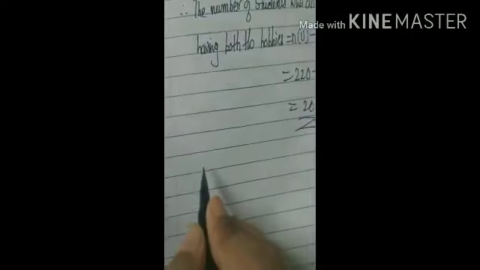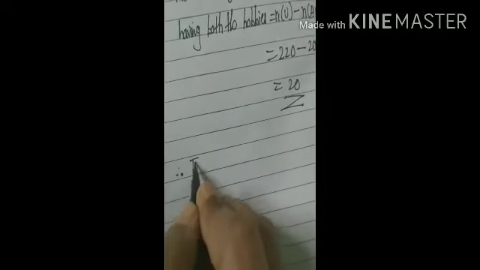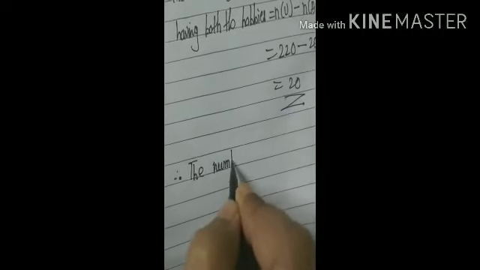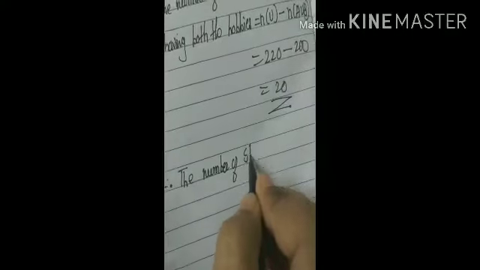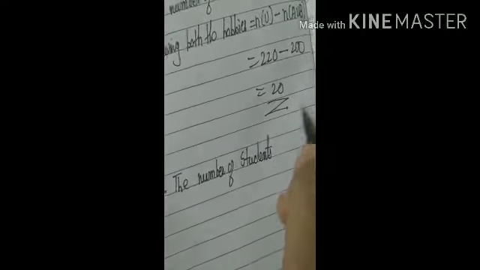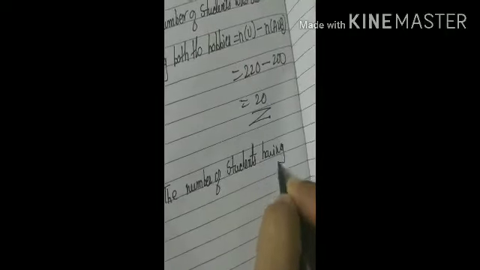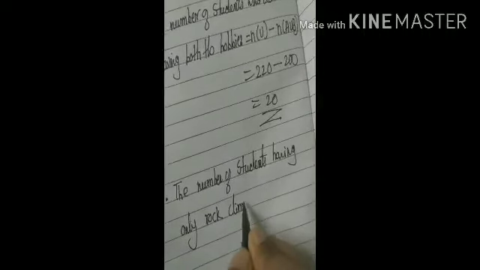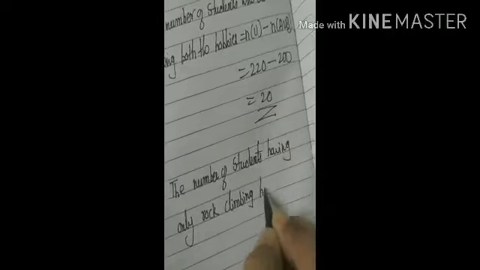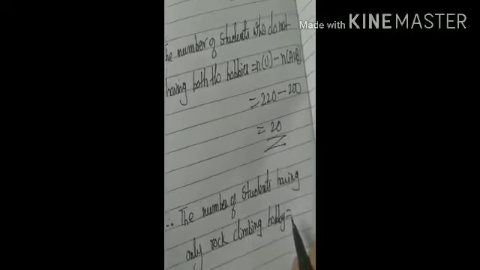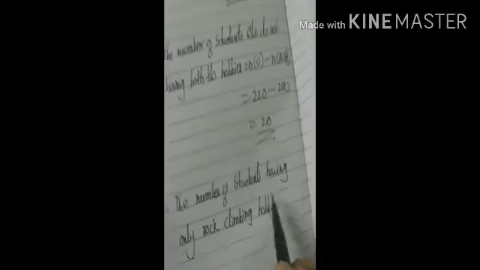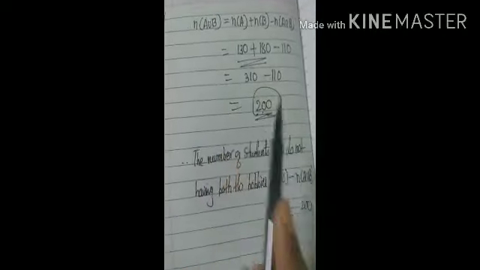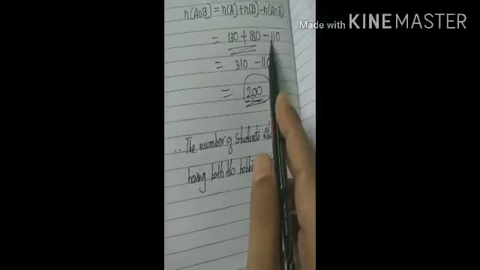Now we have to find out the number of students having only rock climbing. Therefore, the number of students having only rock climbing hobby equal to, what is given, rock climbing 130 and intersection is given 110.